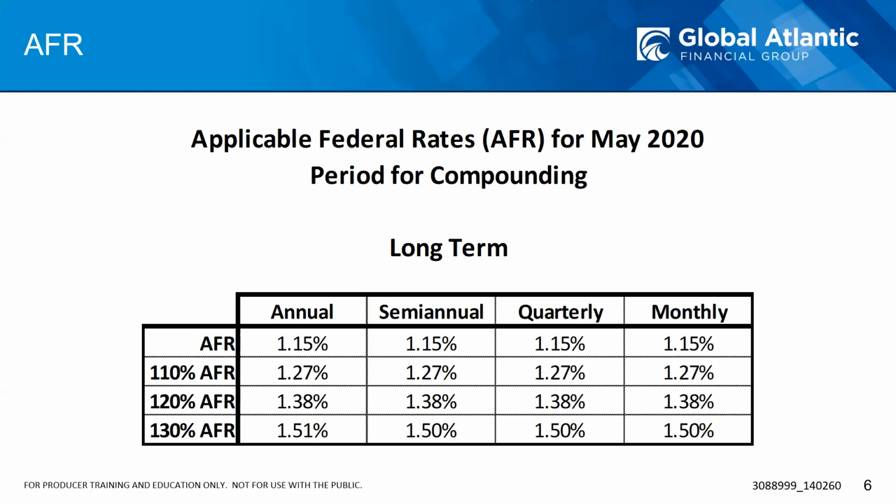So whatever loan is made in May 2020 is going to lock in at 1.15% and change. If they make another premium payment 12 months from now in May 2021 and have a second loan for the second premium payment, there might be a different rate. There probably will be, either higher or lower. But the money that they loan in May 2020 locks in at 1.15%. So that's what's going to make this very attractive.